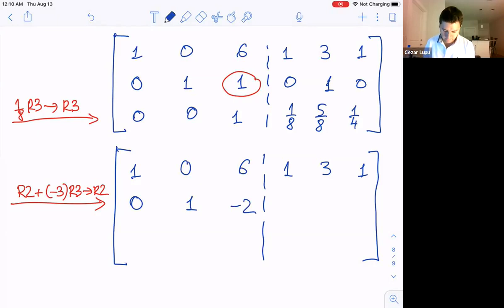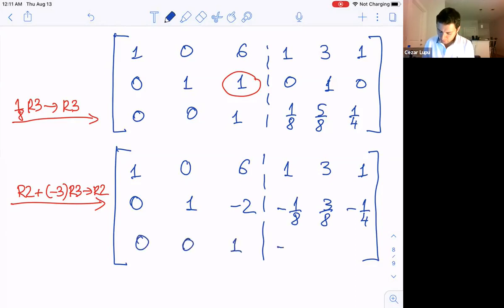And here I'll have -1/8, 3/8, -1/4. Okay, and on the last one, I have 0, 0, 1.